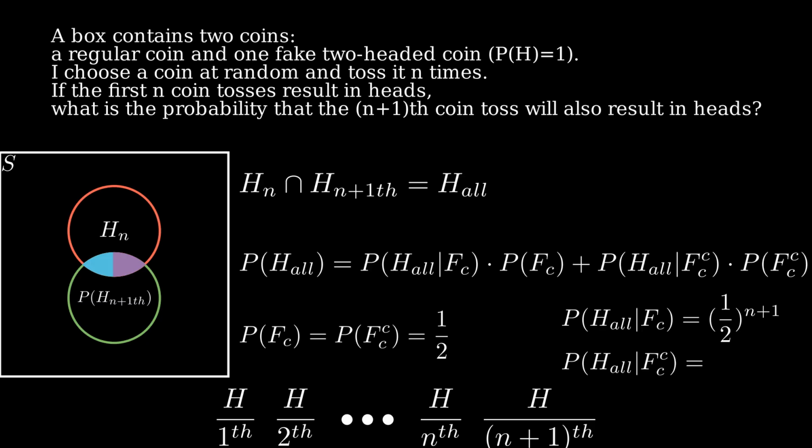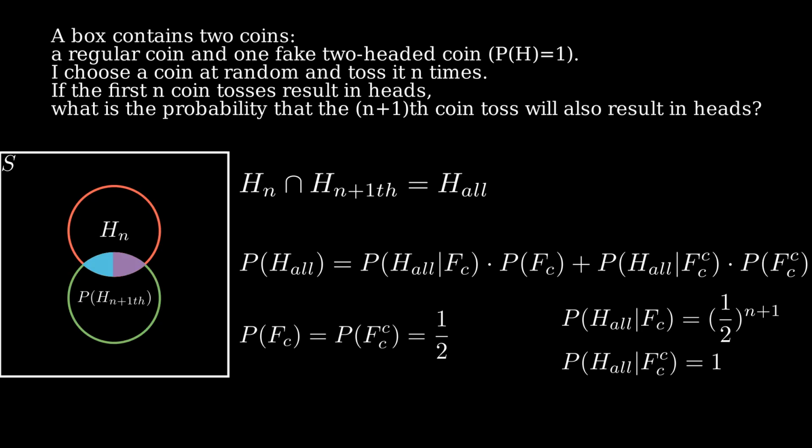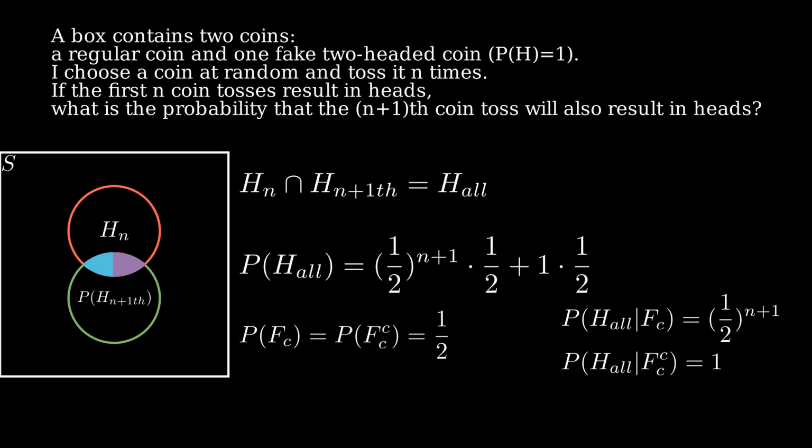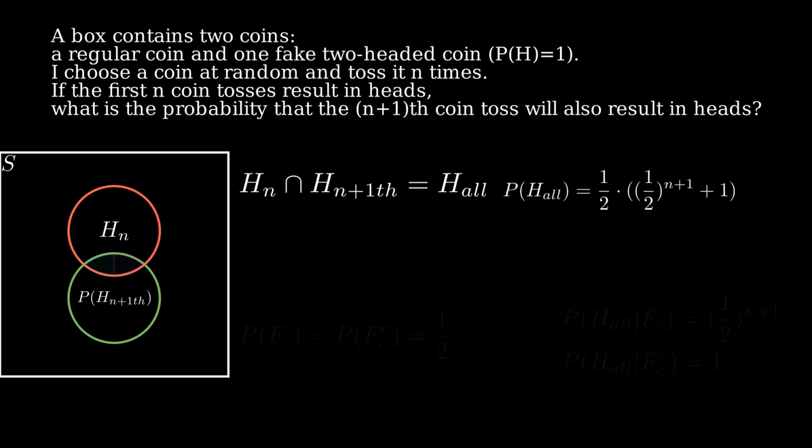The probability of H-all given an unfair coin can be read as the probability of n+1 heads out of a double heads coin, which can only be 1. Now, we can rewrite our H-all equation as follows. Let's update our main equation.